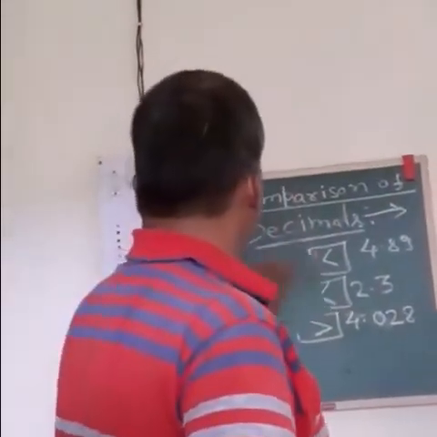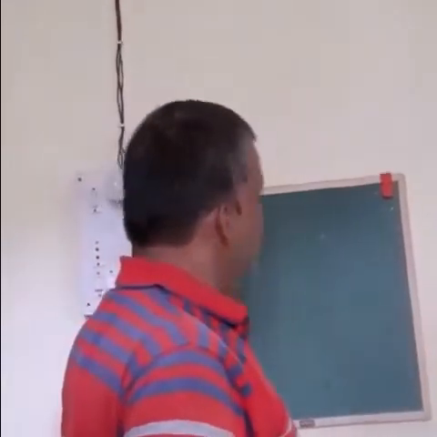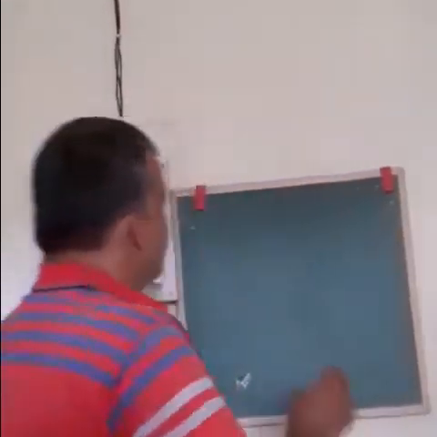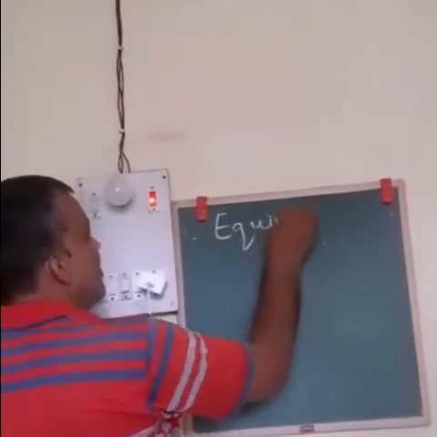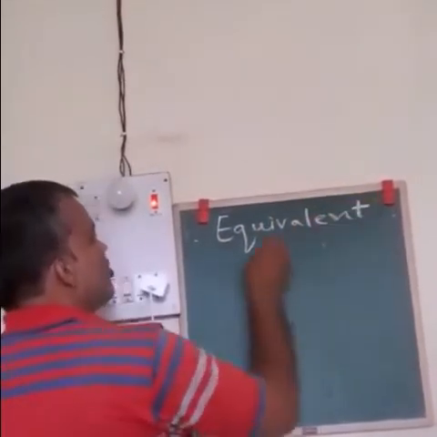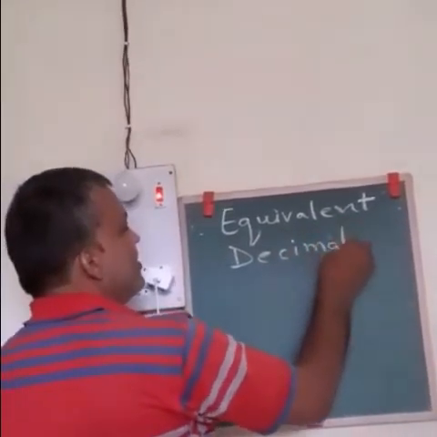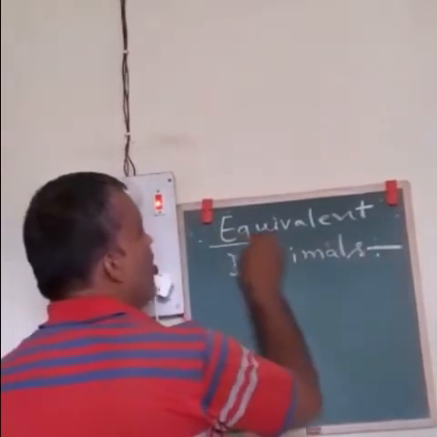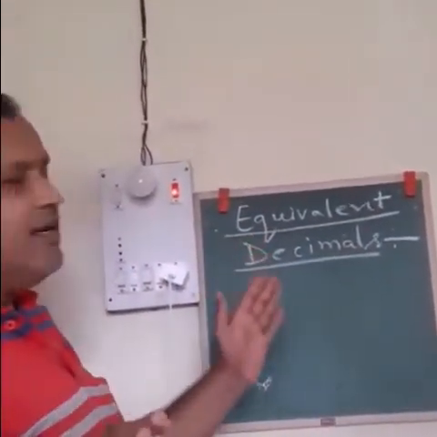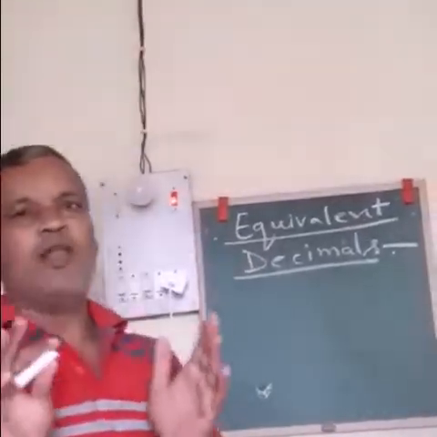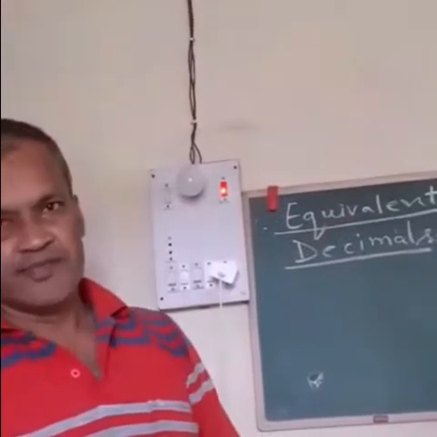Now I want to explain about equivalent decimals. What is an equivalent decimal? By the name of the topic, it is clear: decimals having equal value are called equivalent decimals.